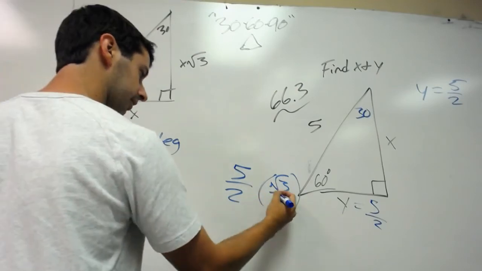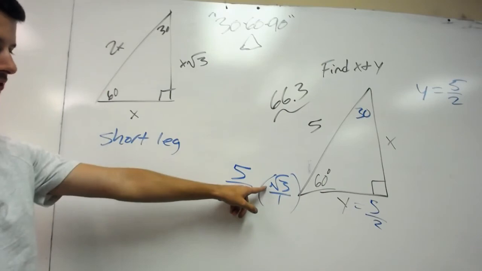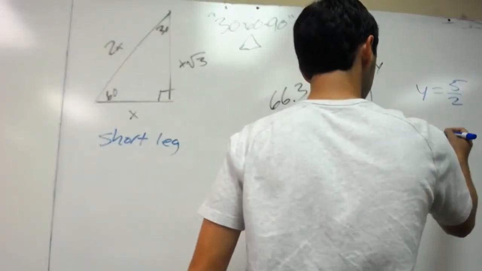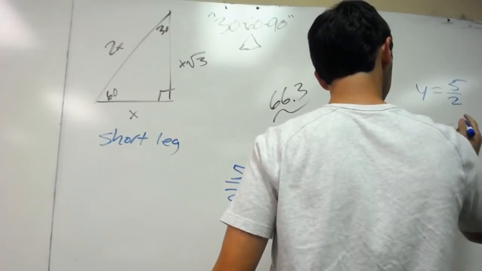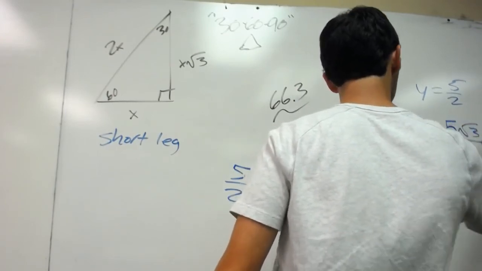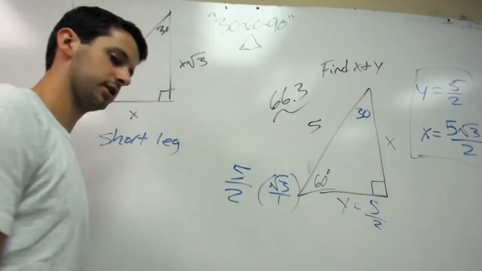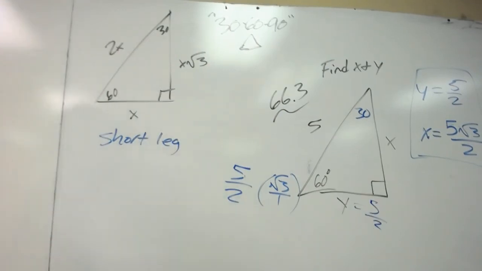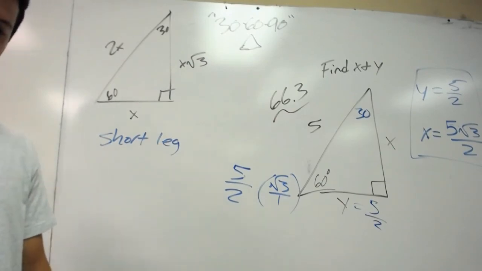Remember, radical 3 is still over 1. It's only in the numerator, so we only multiply the radical 3 times the 5. So x equals 5 radical 3 over 2. And those would be your two answers. That's how you do 30-60-90 triangles. I probably used 30-60-90 already in polar coordinates and things like that, but that's specifically the formula to use for those.